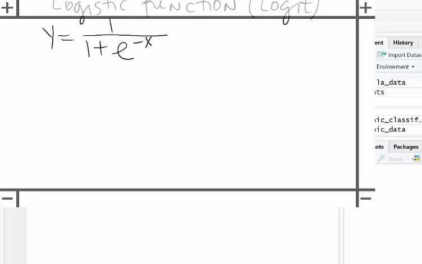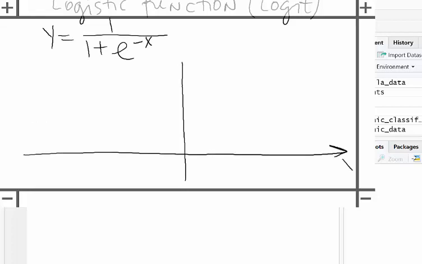So let's draw this function. I'm going to have a horizontal and vertical axis right here, and this is x equals 0. First things first: if x equals 0, how much is e to the power minus 0?